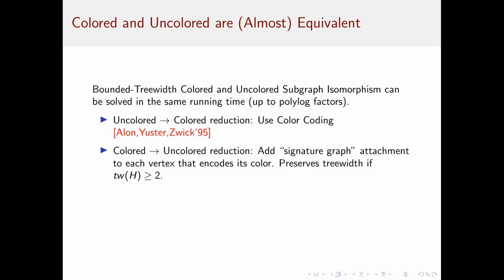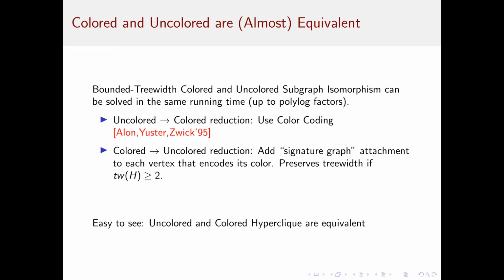What we do there is we basically attach a signature graph to each vertex of our pattern graph, which encodes its color. And as long as the treewidth of the original pattern graph is at least 2, this will preserve the treewidth of the pattern graph.